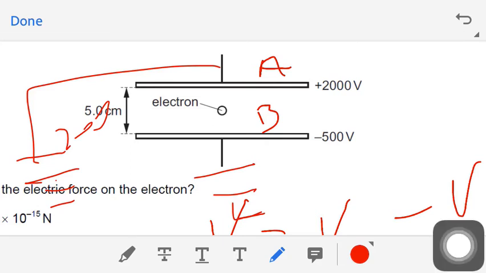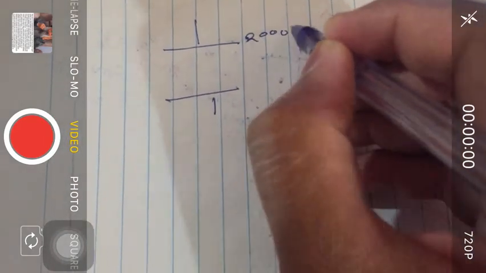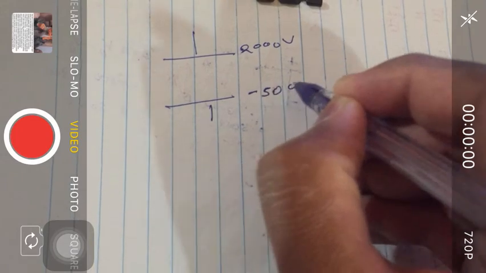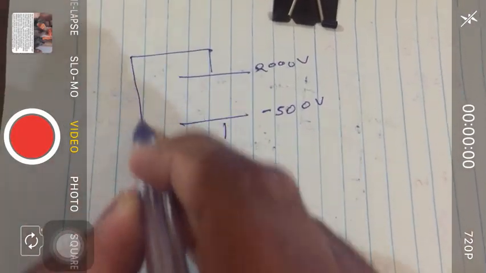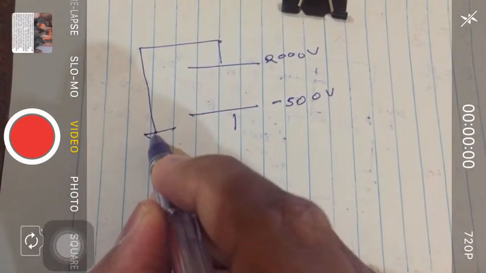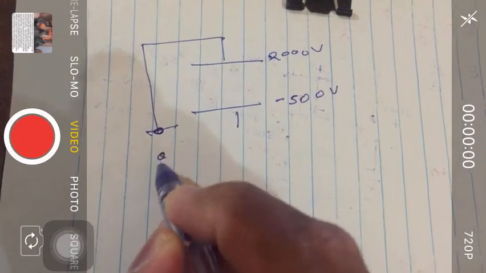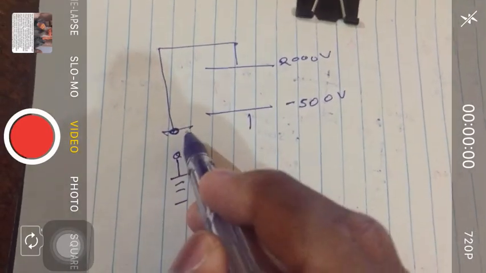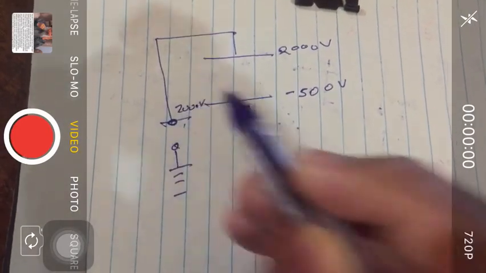Okay, we have two plates and you have 2000 volts here and minus 500 volts. If we try to redraw this setup like the earlier question number 9, you have a point and this point is Earth, and this point is at 2000 volts.